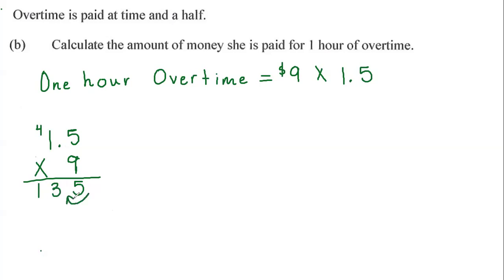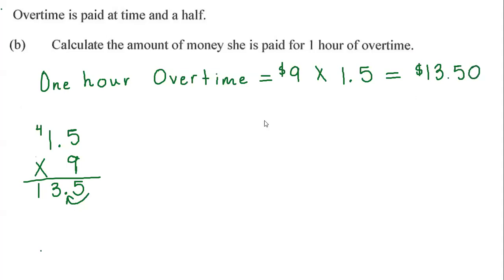Boom. So it's gonna be 13.5, so it's gonna be $13.50. So for 1 hour overtime, it's $13.50.